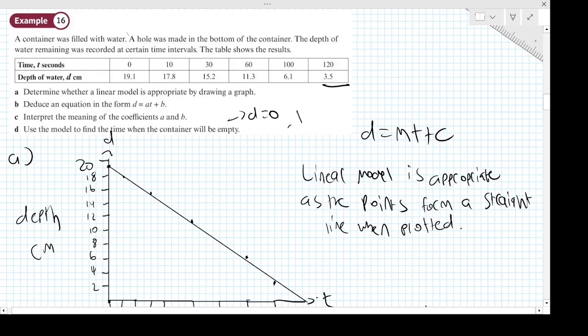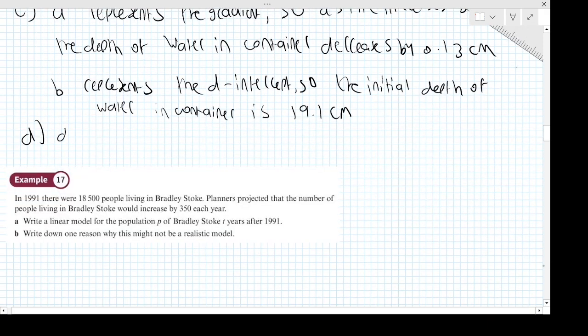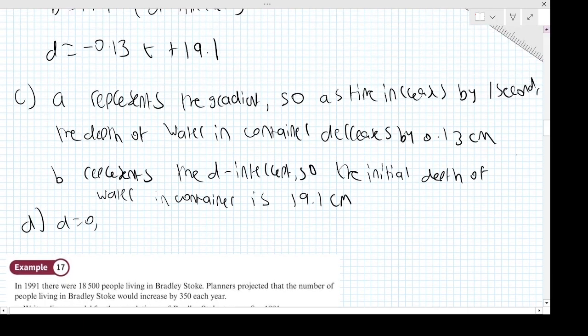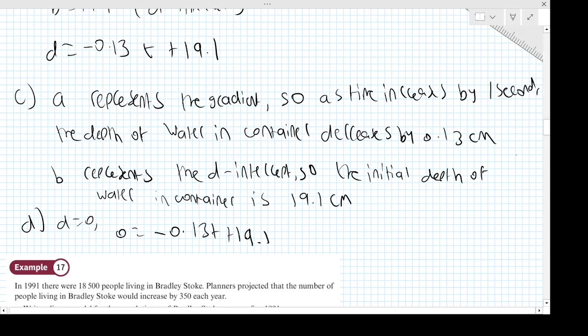So then we can work out t, because we have this equation, which we worked out in part B, up here. So we sub d equals 0 into our equation. Then 0 is equal to minus 0.13t plus 19.1. Well, that's just an equation to solve for t.